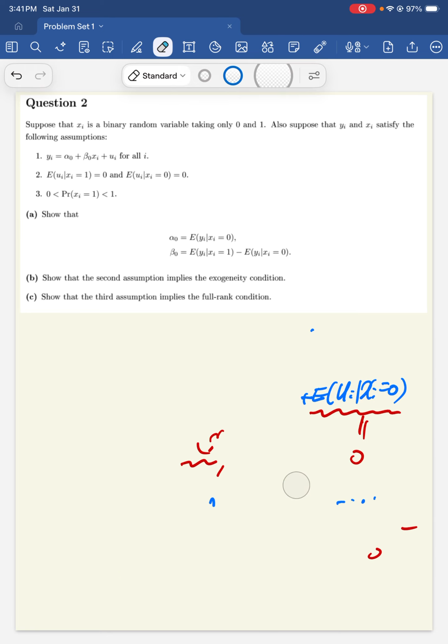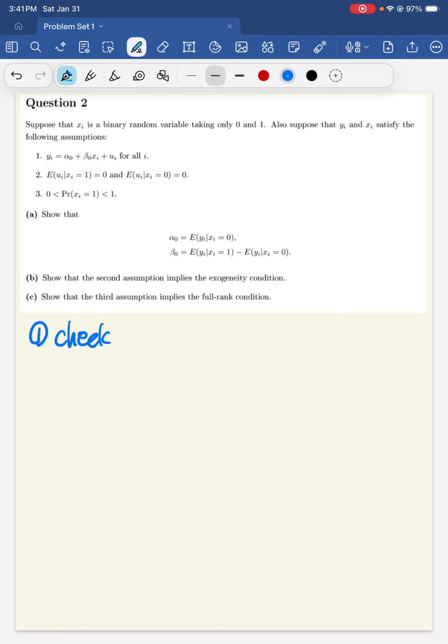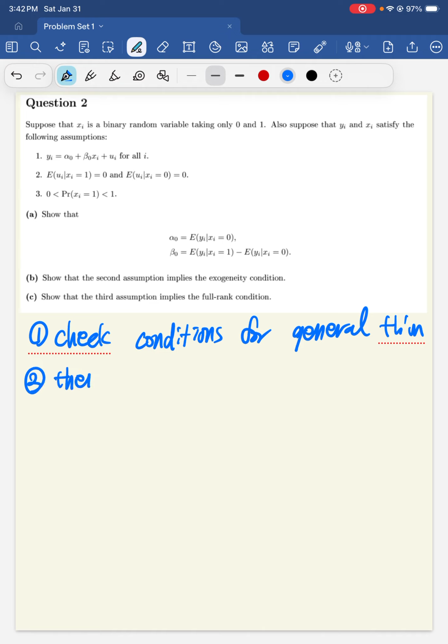Let me erase all the things. Alternative proof is using the general theorem: first check the conditions for the theorem, and then use the theorem result.